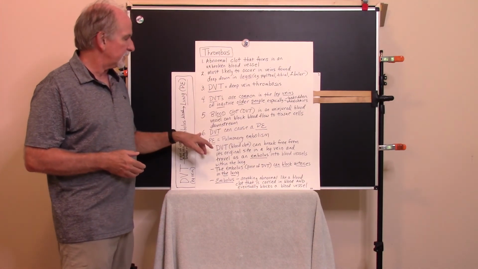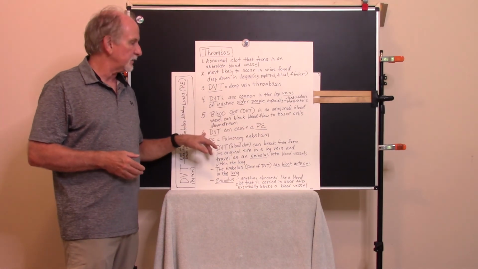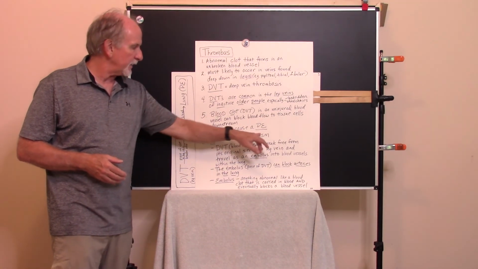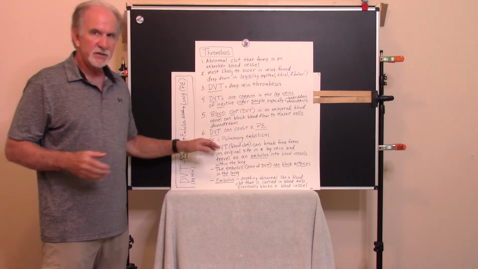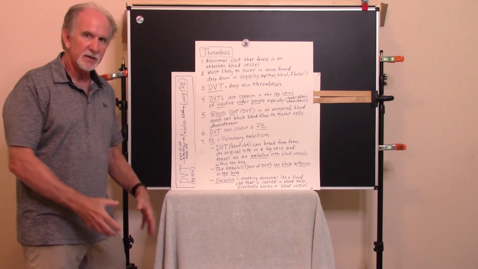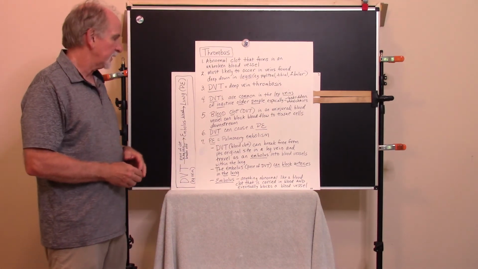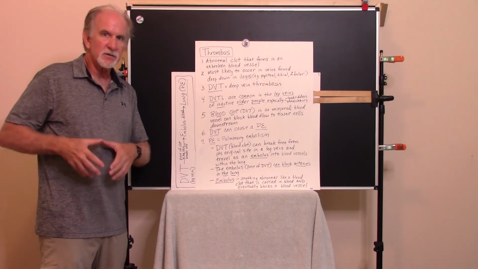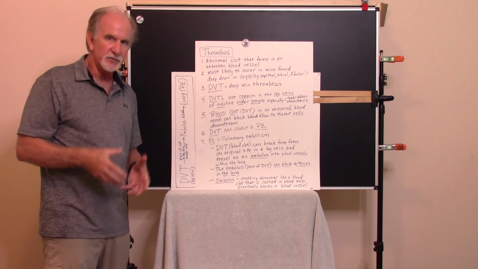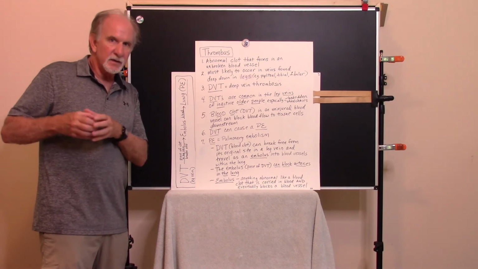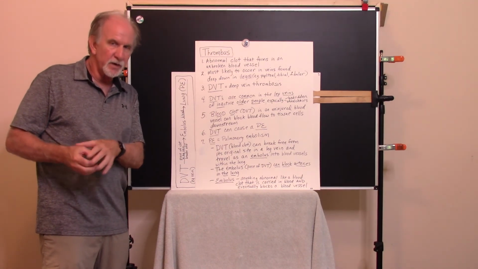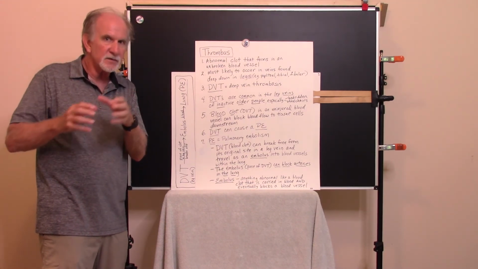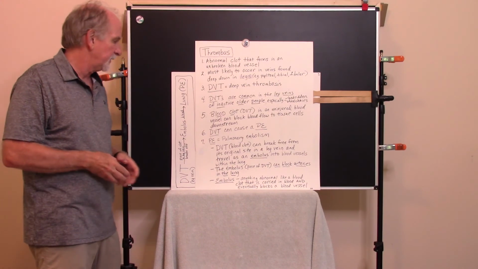And the DVTs can result in a PE. Now, PE stands for pulmonary embolism. So a DVT, or a blood clot in a leg vein, can split away, and the clot then starts to float with the bloodstream. When the piece of the clot breaks away and floats with the blood, it's no longer called a thrombus, it's now called an embolus.